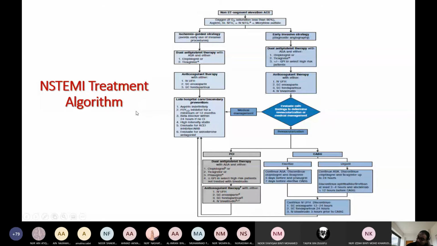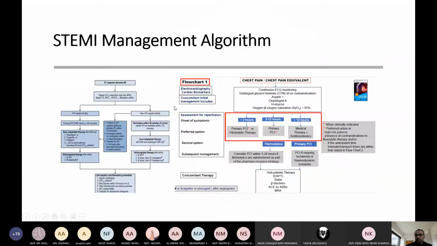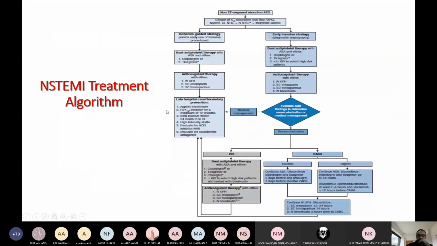So just to make it very clear from the very beginning, here is the treatment algorithm for non-STEMI and the STEMI. Just take 30 seconds and look at this algorithm, and then we can discuss.